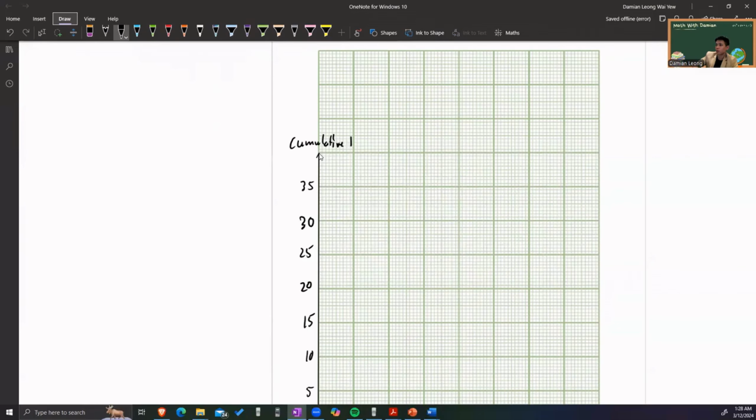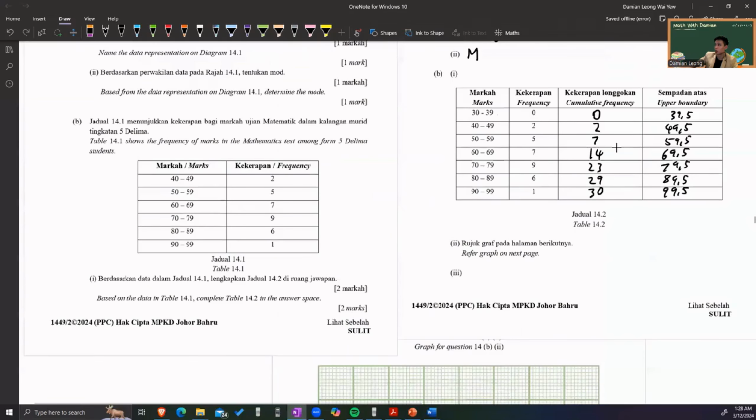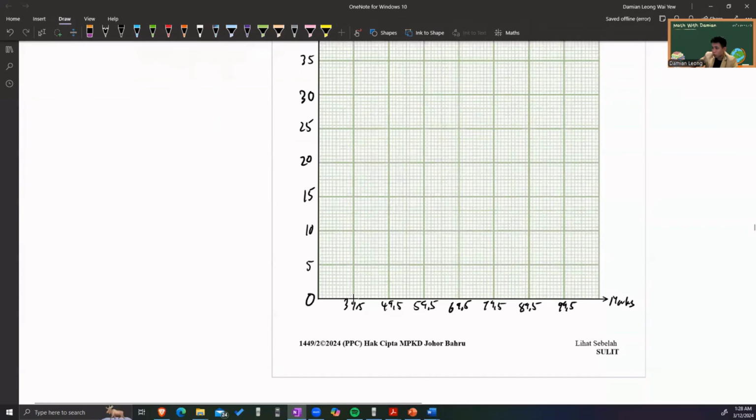Cumulative frequency. The first is 2, 7, 14. Go to cumulative frequency of 2. The 10 small boxes is 5, which means each small box is 0.5.